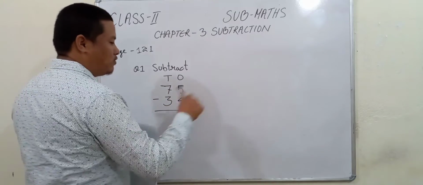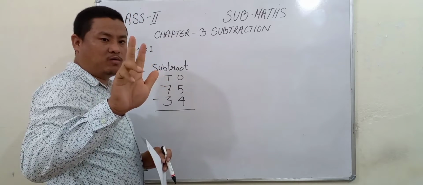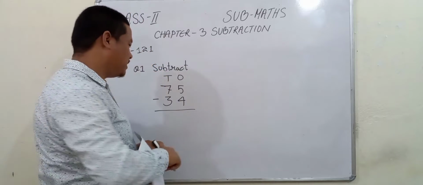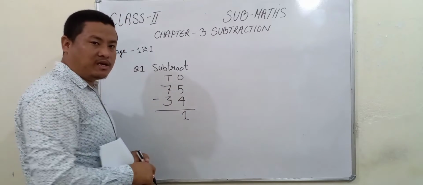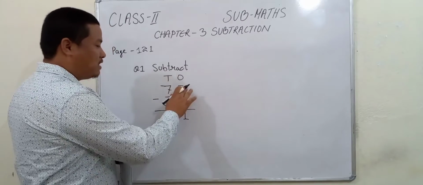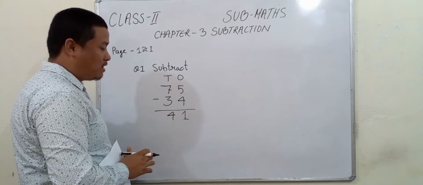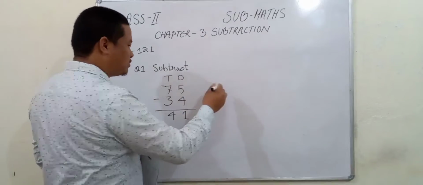5 minus 4. From here you can cancel 4. 1, 2, 3, 4. How much remains? That is 1. 7 minus 3. 7 minus 3, how much do you get? 4. Okay. If you find it difficult, you can do it this way also.